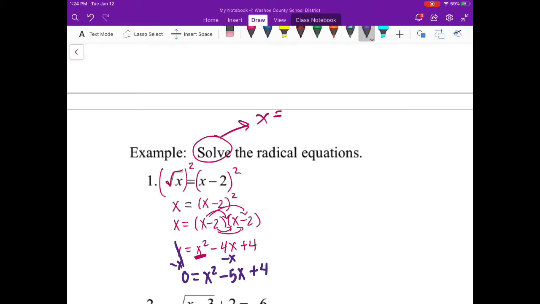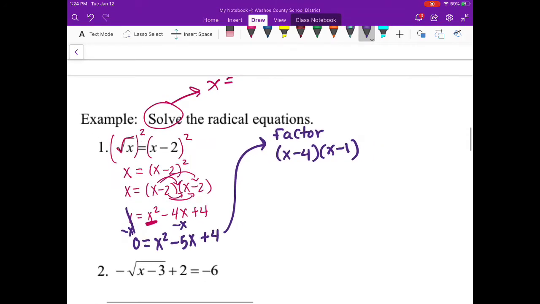So think back about how do you solve a quadratic. We're hoping that you're now comfortable factoring this. So in order to solve this, I need to factor it out. And when I factor it, I get x minus 4 times x minus 1. So technically here, if I were to set each factor equal to 0, I get x is 4 and x is 1.